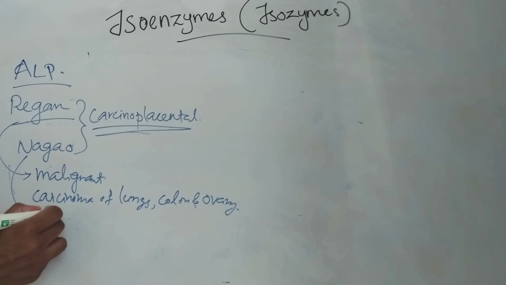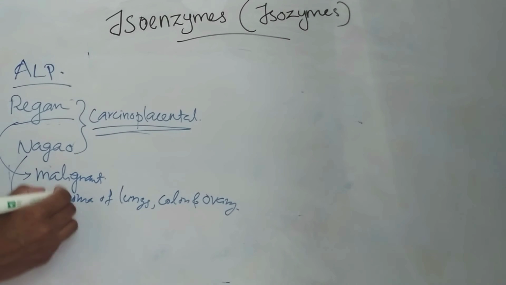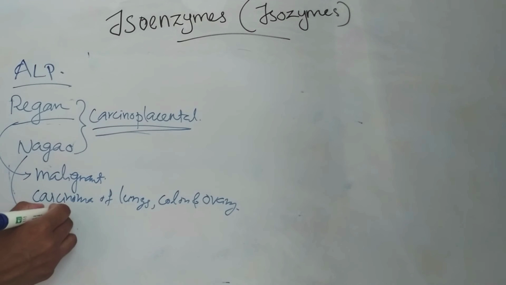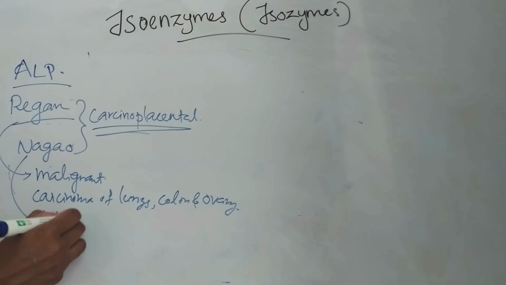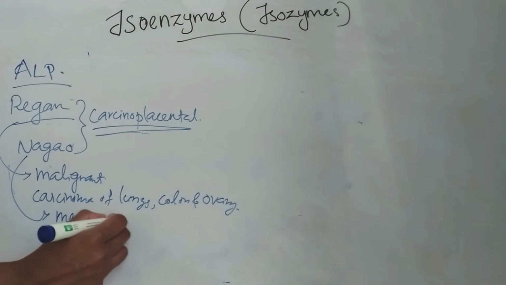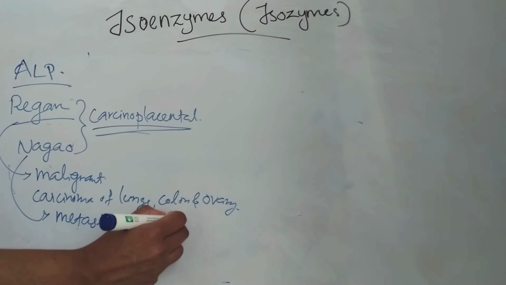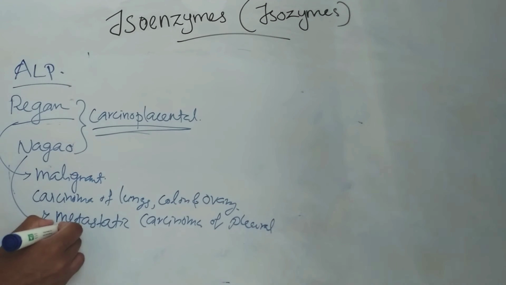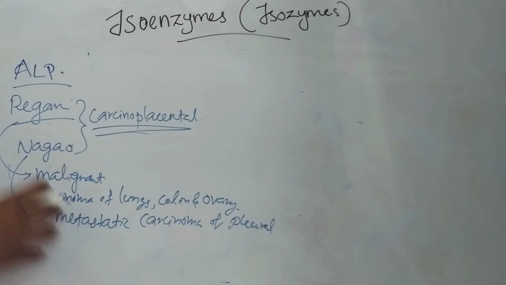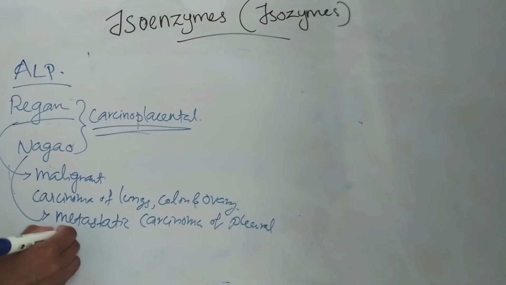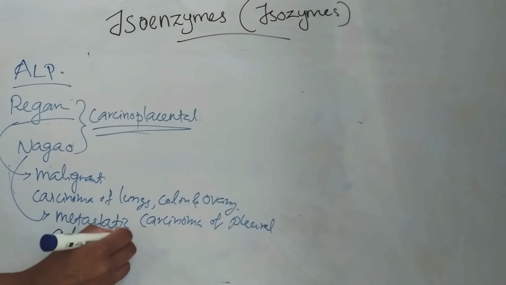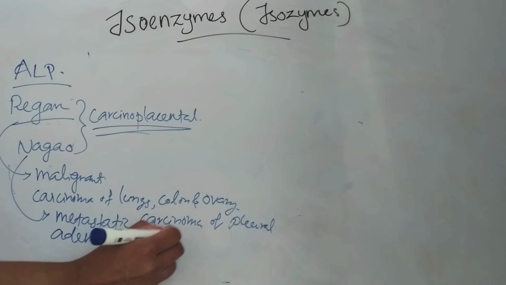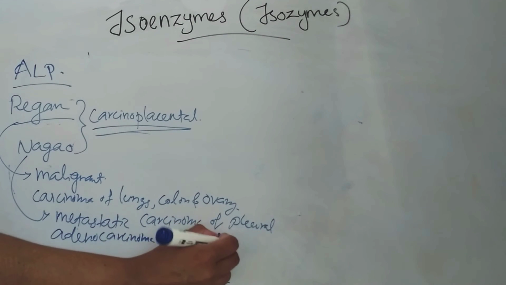Then Nagao isoenzyme is detected in metastatic carcinoma of pleural surfaces, and in adenocarcinoma of pancreas and bile duct.